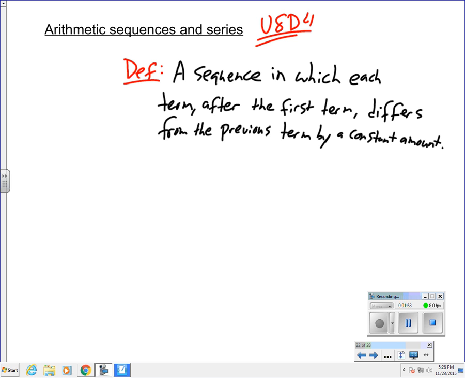So that constant amount is what we call the common difference.